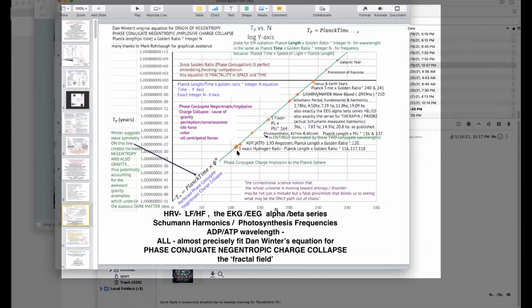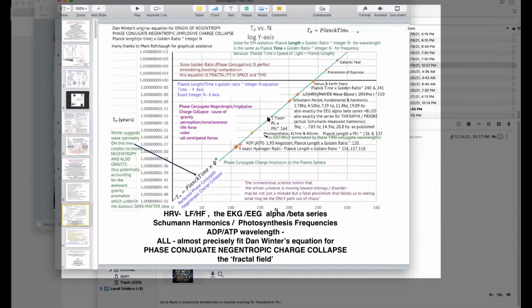For example, 3 exact radii of hydrogen, the wavelength of ADP, the most important molecule in the body, 1.91 angstroms, the exact only 2 frequencies of color that enable photosynthesis. Photosynthesis is negentropic because it's phase conjugate fractal.